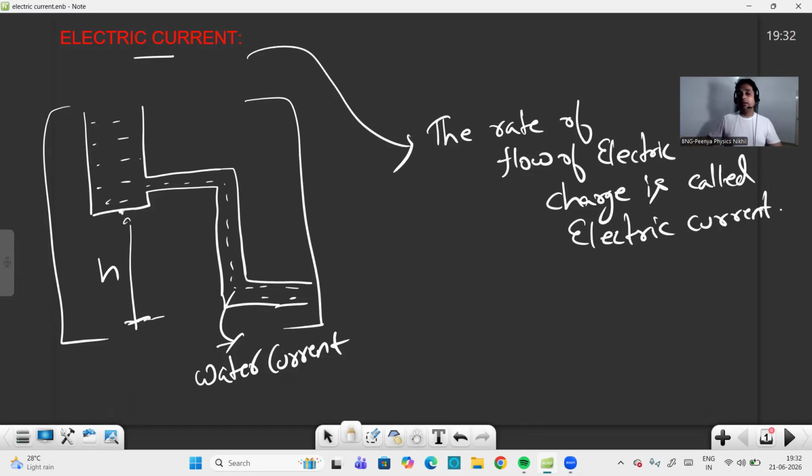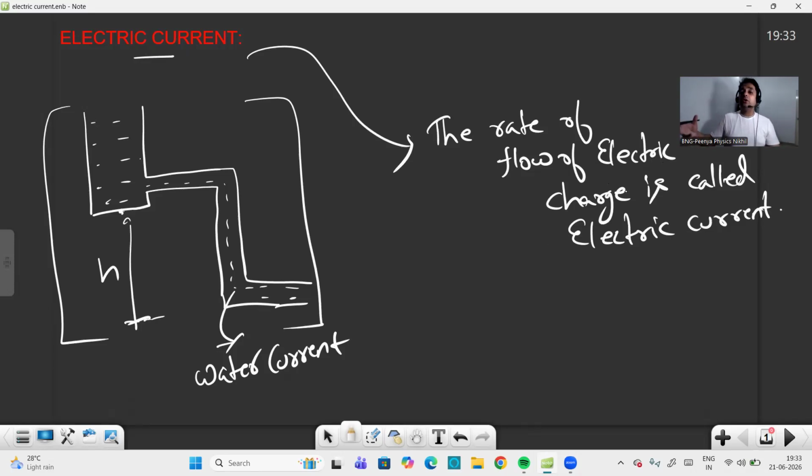Now, electric current is there in a conductor. Why am I saying that electric current is not there in an insulator? Because there is nothing to carry the charge in an insulator. Something that can make a charge move is possible inside a conductor only. We know the basic structure of conductors and insulators. There are free electrons available inside a conductor only.